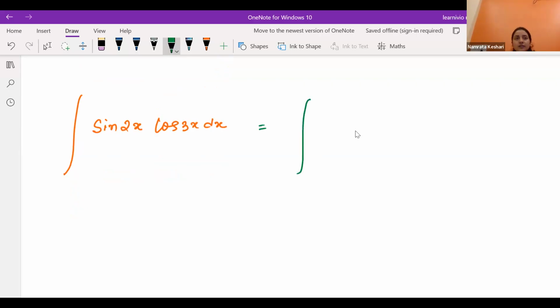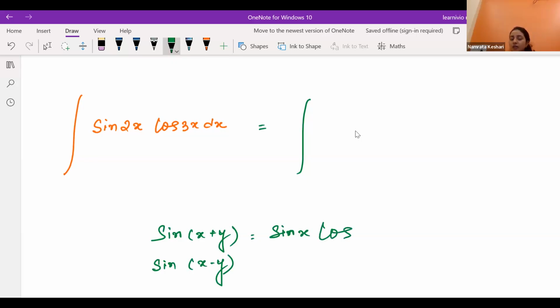If you add the sin x plus y formula and the sin x minus y formula, you must have learned this way in class 11, right?